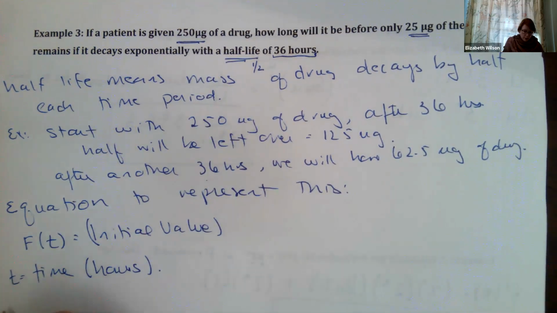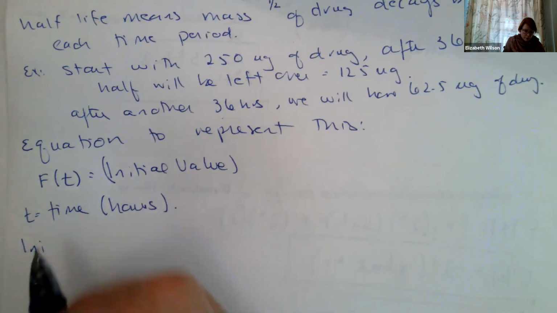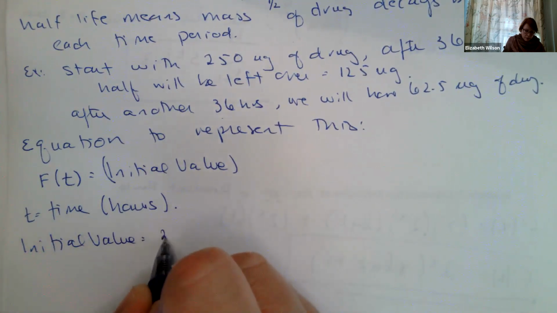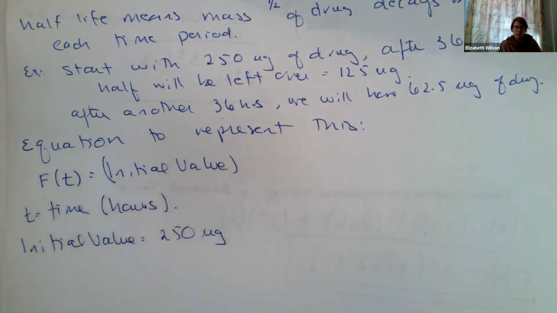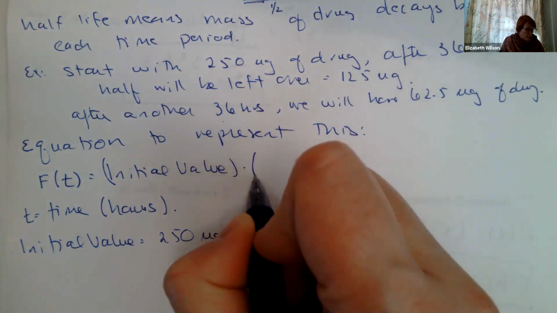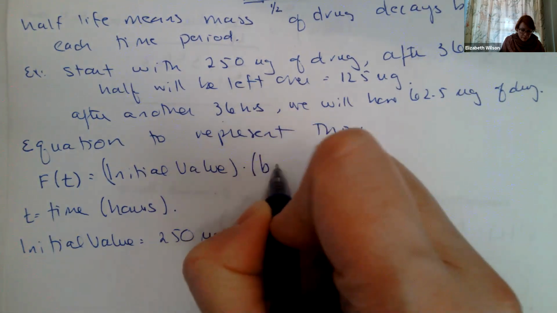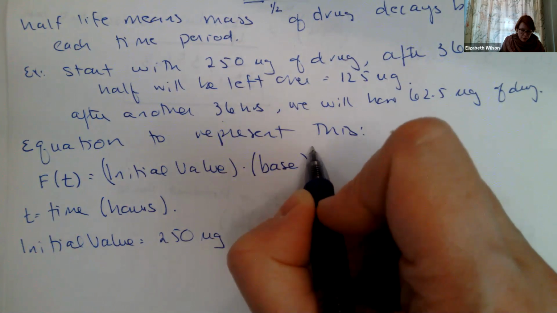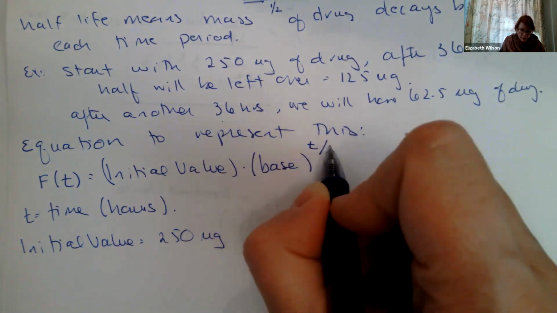So the initial value is 250 micrograms. The initial value also sets the units for our final value, so my final value is going to be in micrograms. So this is initial value times our base raised to some time period. In this case, it's going to be the time period divided by our half-life.